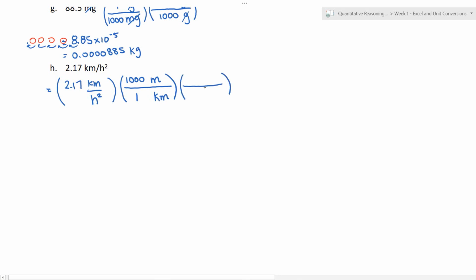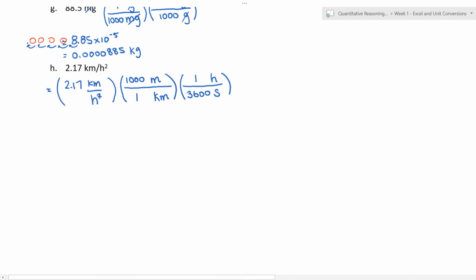Hours right now is in the denominator, so I'm going to put it in the numerator so that it can cancel out. Instead of hours, the correct SI unit for time would be seconds. So I'm going to change it to seconds. For my equivalency, 1 hour is the same as 3,600 seconds.